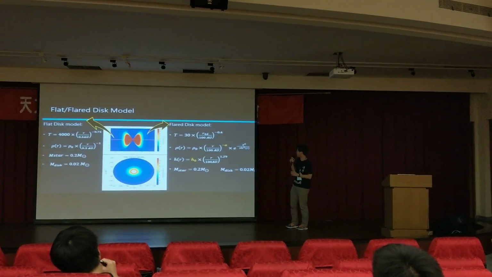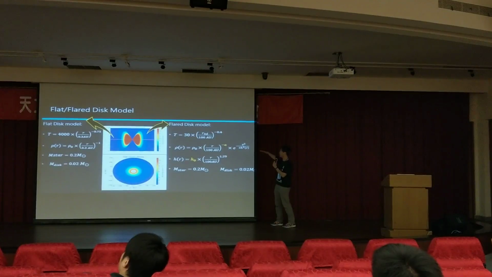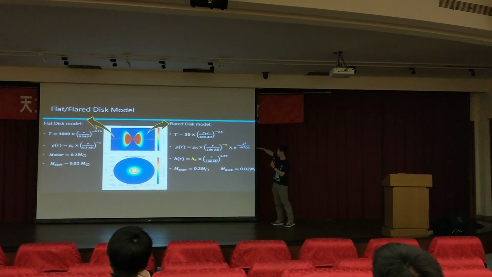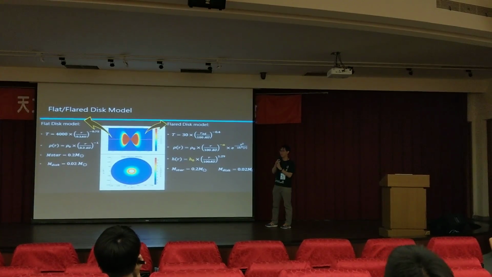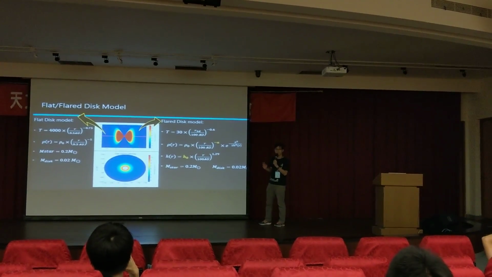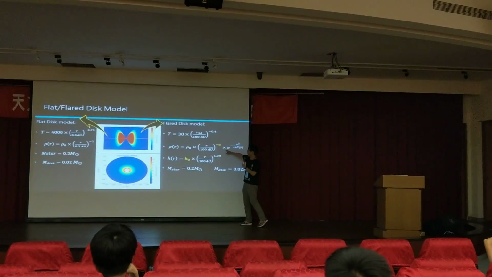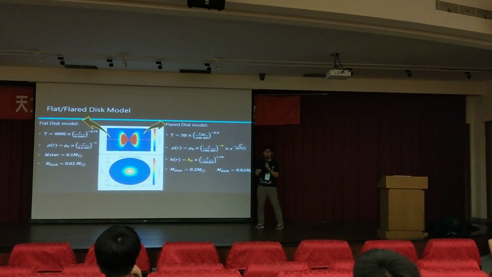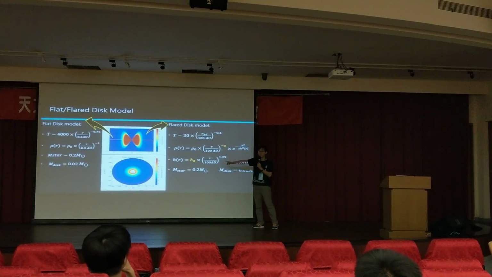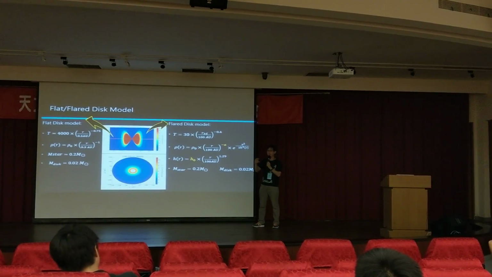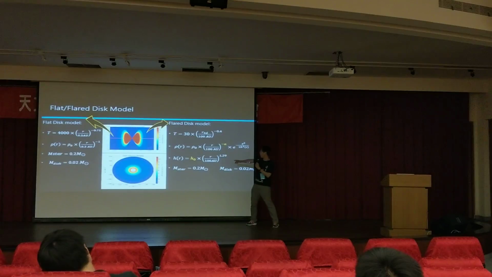In the flared disk case, in the z direction I add a Gaussian, and there are two important parameters that I'm going to fit. The first one is the parameter A, corresponding to the density power law index. The other one is H0, the scale height of the disk at 100 AU.